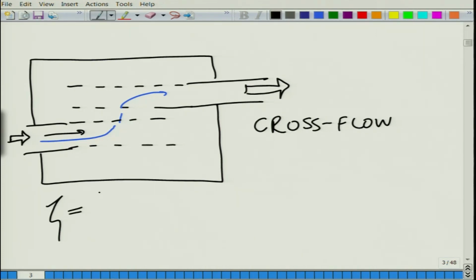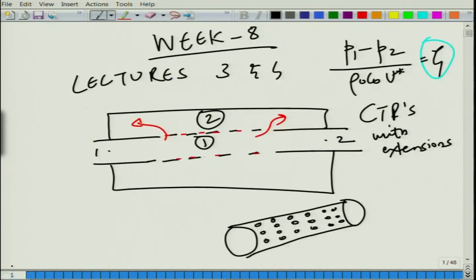So, let us say zeta is your impedance here. P1 minus P2, assuming this is duct 1, duct 2 and so on, is your rho naught. The flow has to necessarily traverse through this. It is not like the flow can just graze the surface, as we saw before. In that case, the flow can simply go straight and only the waves interact.